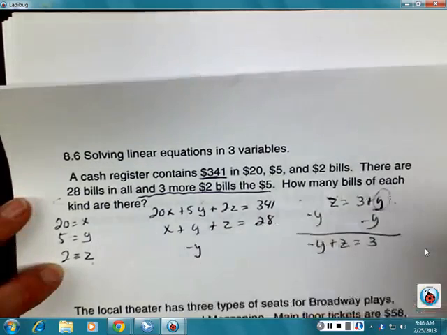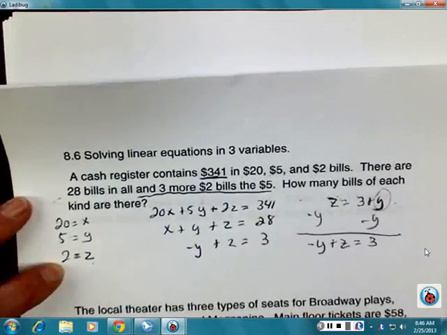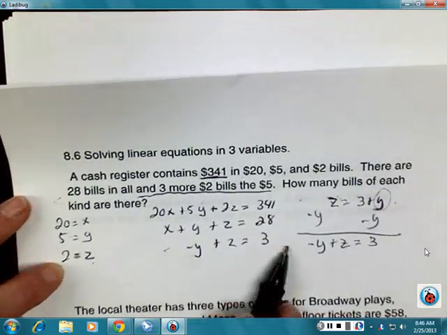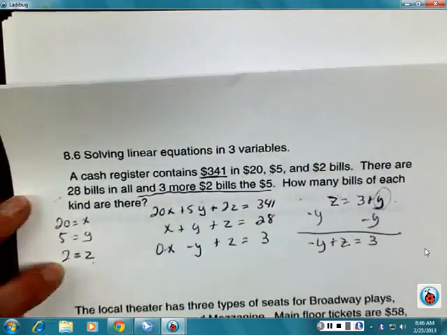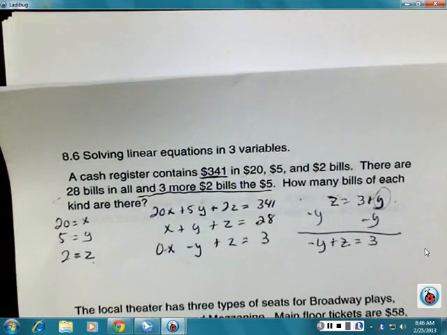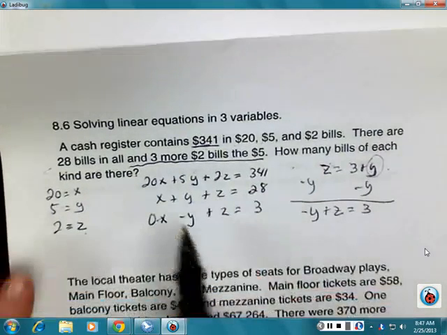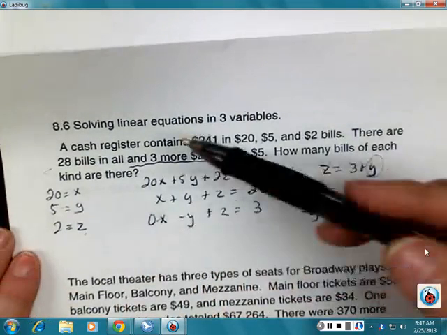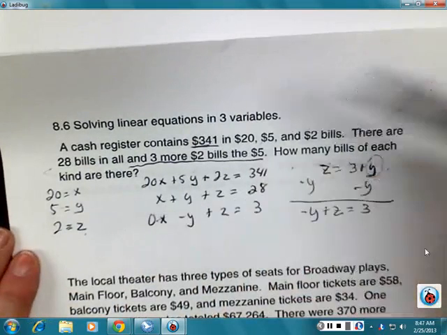So negative Y plus Z equals 3. So how many X's do I have in this part right here? 0 of them. So I need to put a 0 there, because when I get the augmented piece that I have to put on my graphing calculator, I need to have a 0 going in there, or else I'm going to be in trouble.